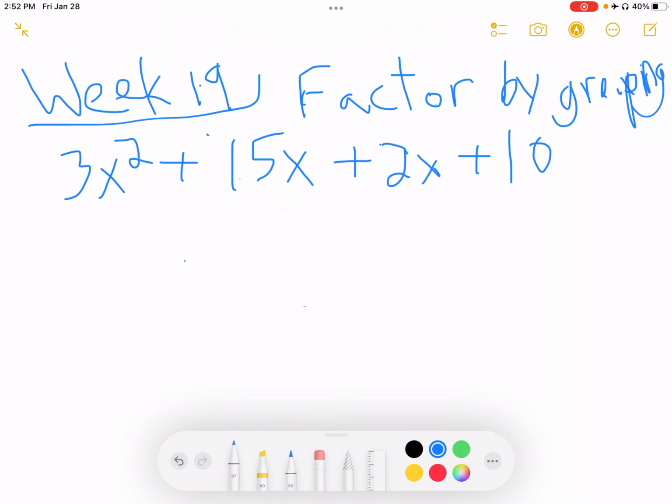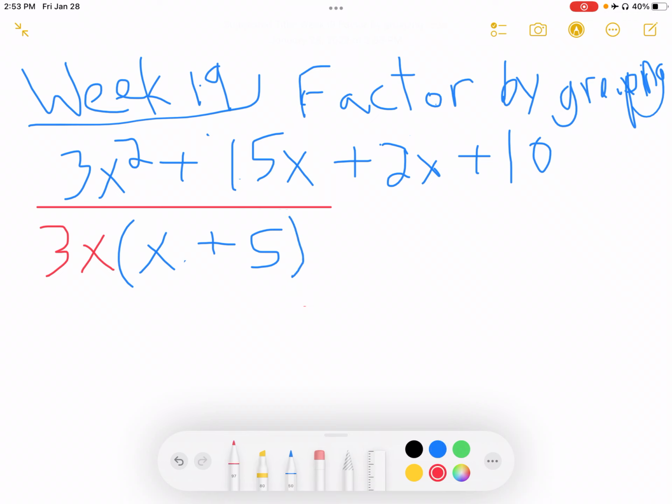Hopefully you can see that for these first two terms, we could factor out a 3 and an x. And if we factor a 3 and an x out, in order to get back to the first term, we just would have x. And for the second term, if we factor 3x out, we'd have plus 5.